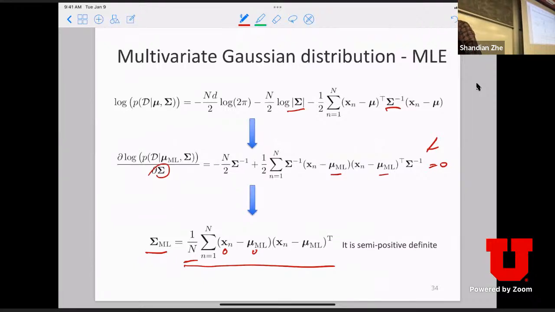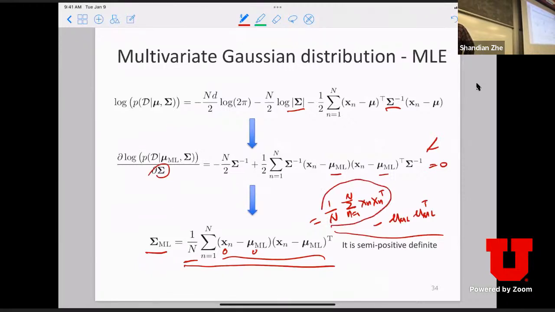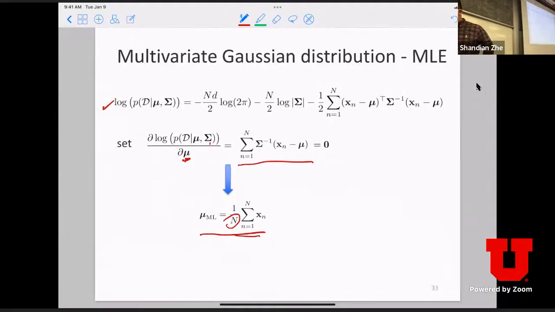So this guy is the same as this guy. If you just expand this outer product and do some term rearrangement and cancel something out, you'll end up with the same thing. You can see that this is the second sufficient statistics, as we just mentioned here.